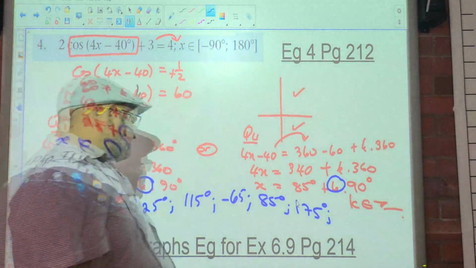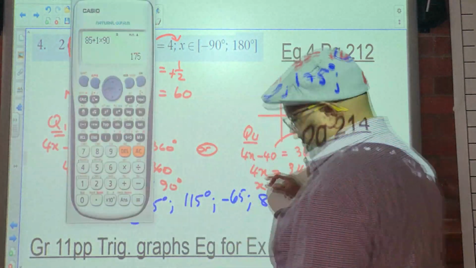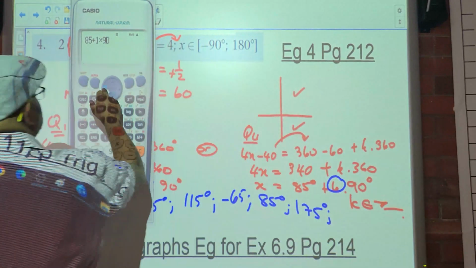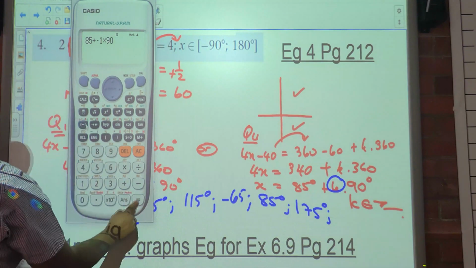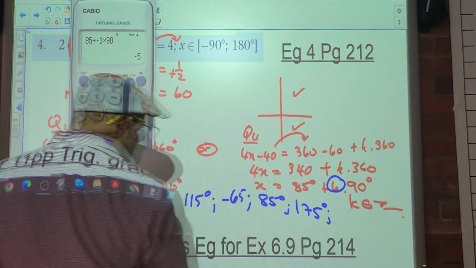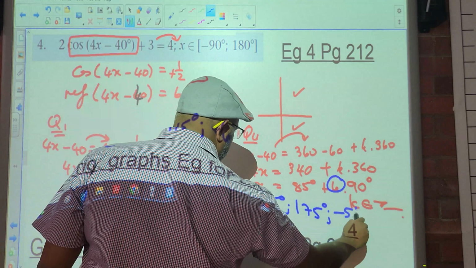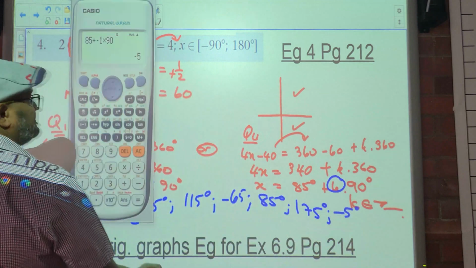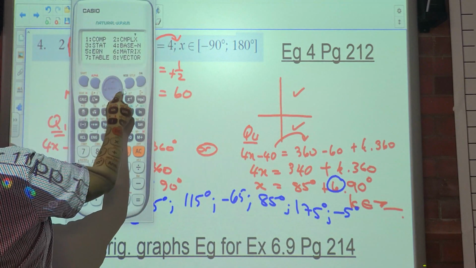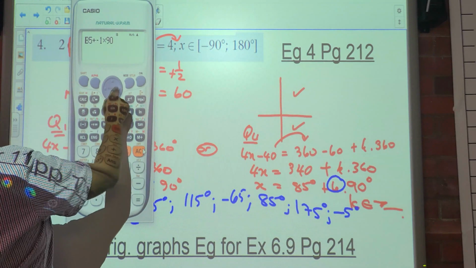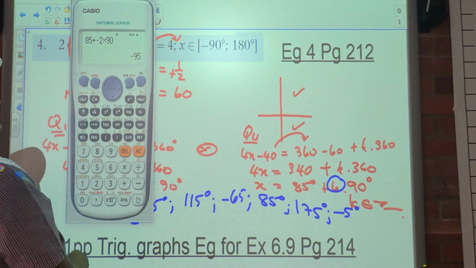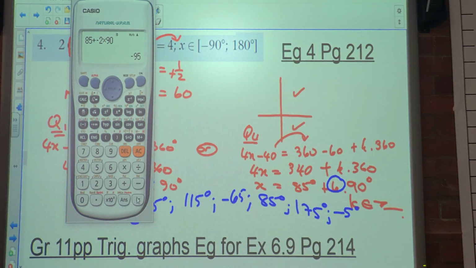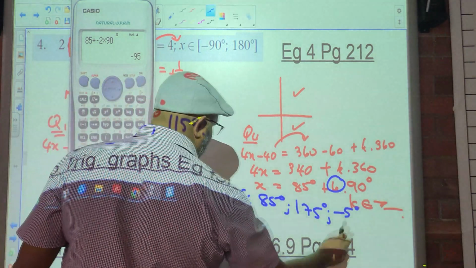Can you see that? So what do I do? I put in negative 1, which gives me an angle of negative 5. But if I put negative 2 in, negative 95, that would be outside. So those are my values.